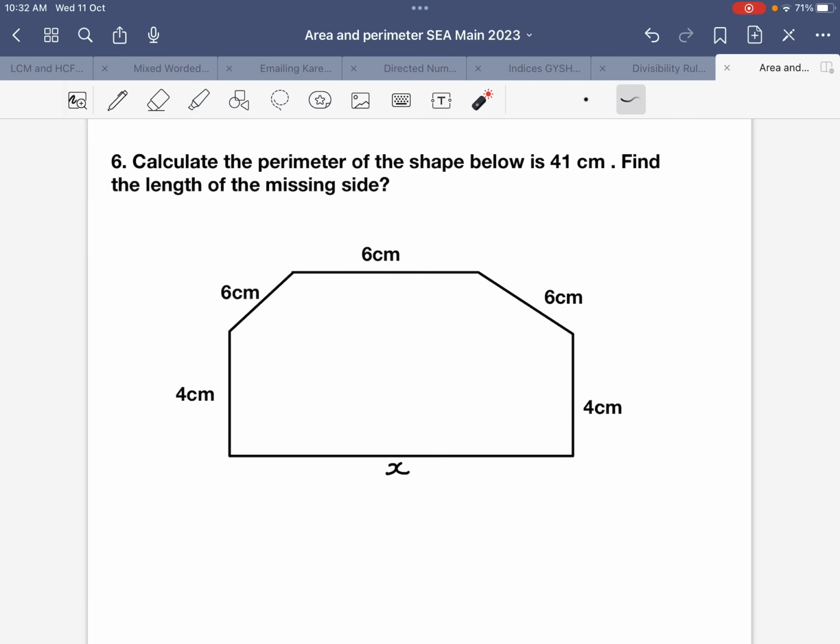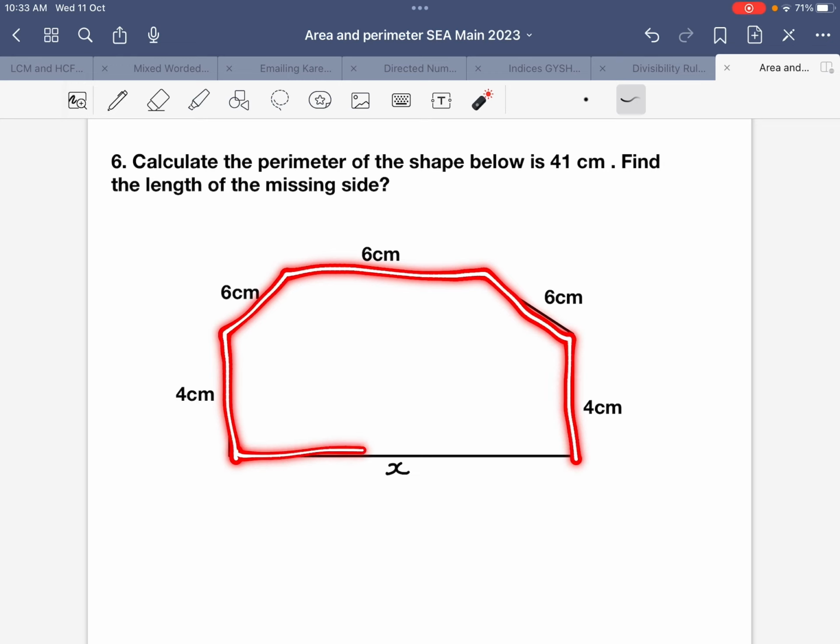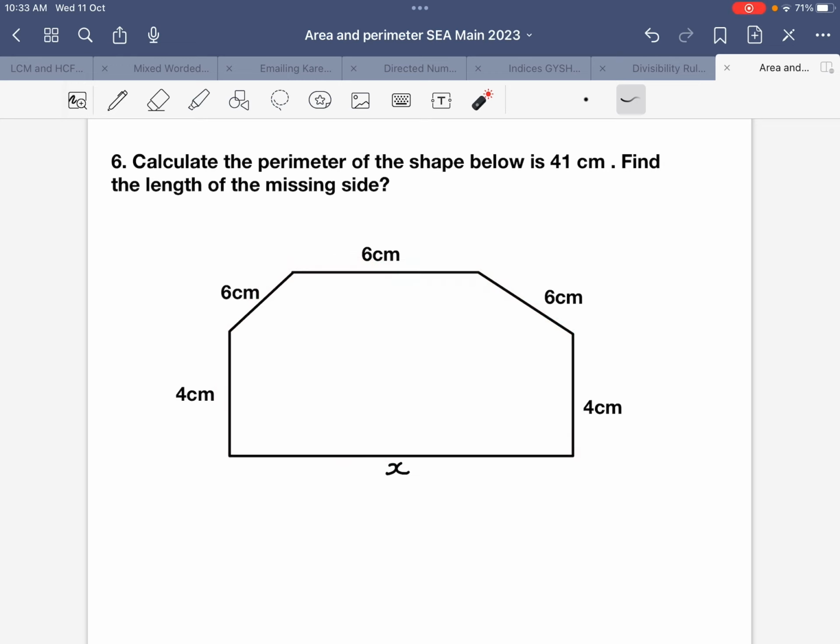Number 6. Number 6 is easy, so you can go ahead and try this question now. Okay, that's correct. We are given the perimeter, and we have all the sides except for the base. So we have to find the base, x.